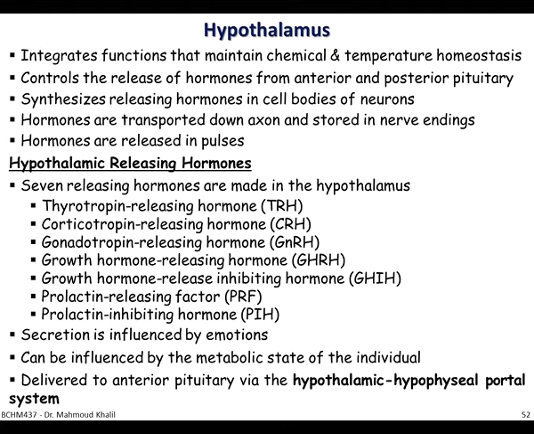You can see the name has 2 portions: hypothalamic comes from the hypothalamus, and hypophyseal comes from the hypophysis, the other name of the pituitary gland. So again, these releasing hormones are transferred to the anterior pituitary gland through the hypothalamic hypophyseal portal system.